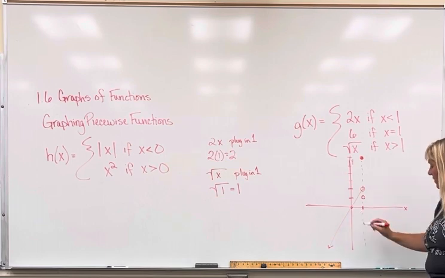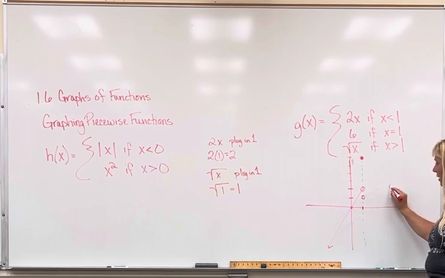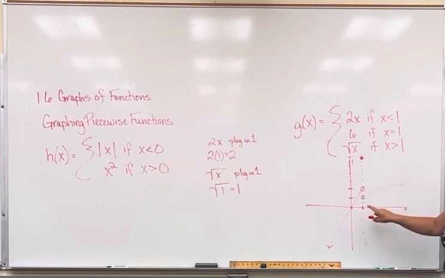And now remember that the way the square root of x looks is like an arc, right? So using our base graph, the square root of x looks like an arc, but we don't want this part of it, do we? We only want the part that's greater than 1. So we're looking at an arc like that.